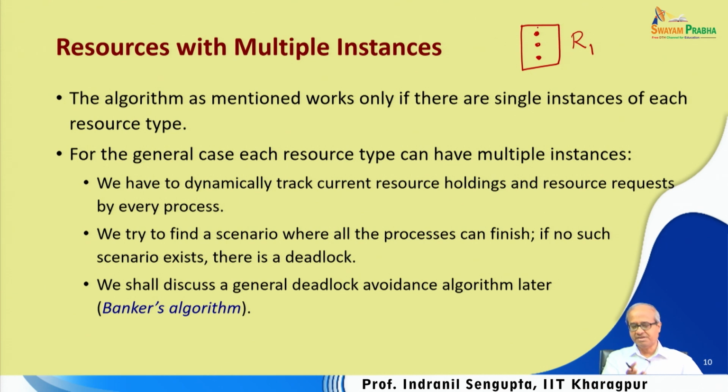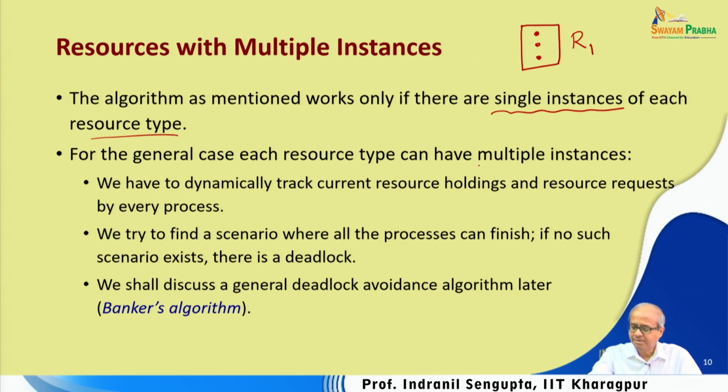The previous method that we discussed just now works only when each resource type has a single instance. But unfortunately, in practice this is very rarely true, because in general all resources have multiple copies.